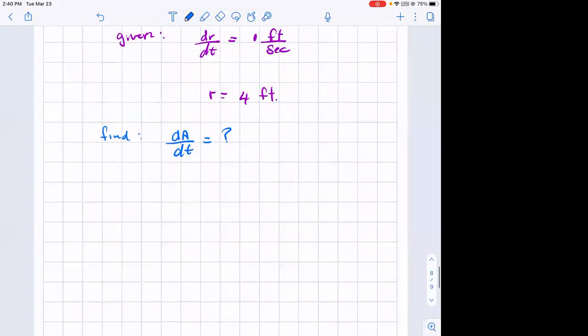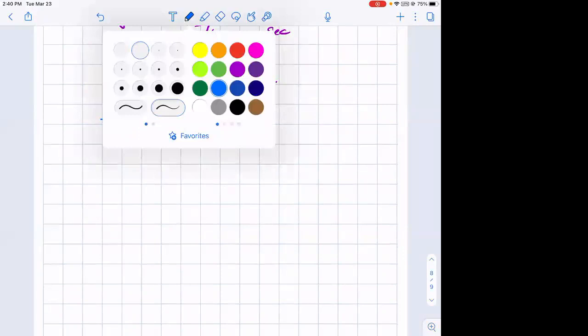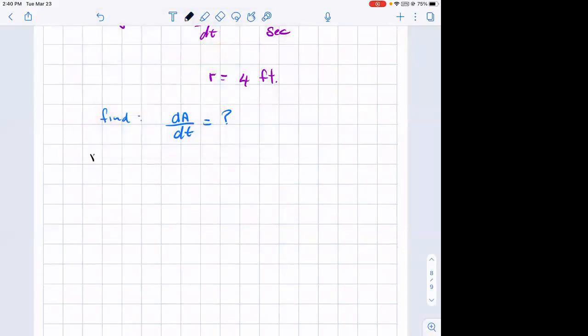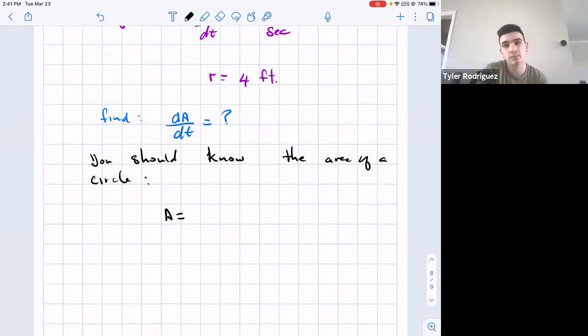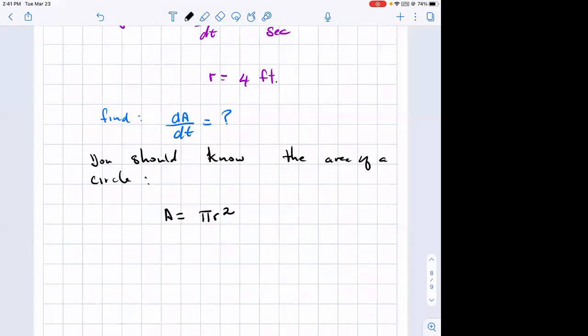Well, for this particular one, I wouldn't give you a formula, right? You should know the area of a circle. A is equal to what, class? Pi r squared. Pi r squared, yes.